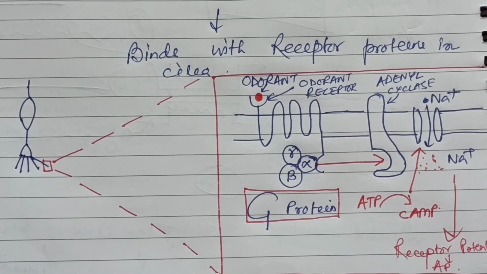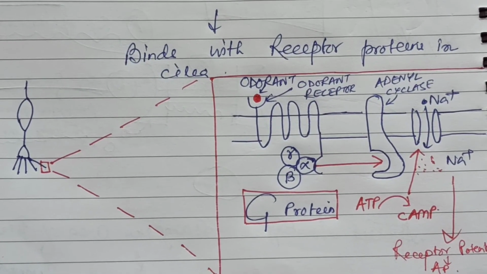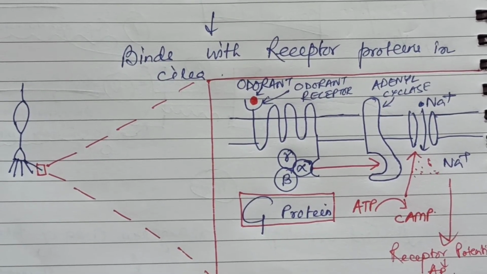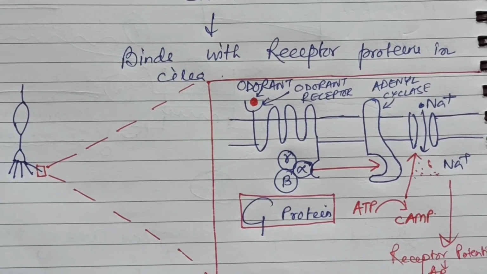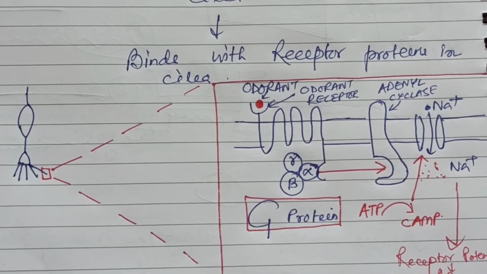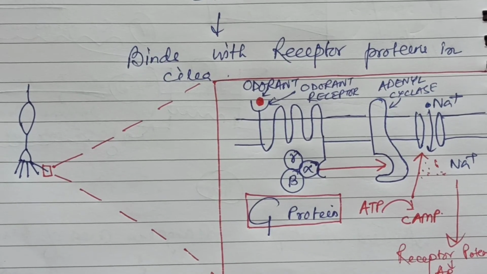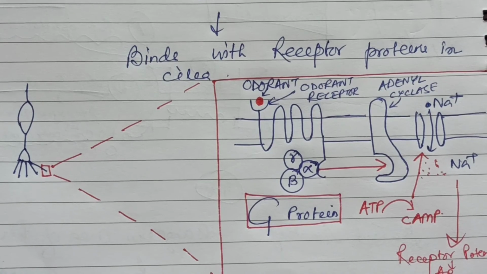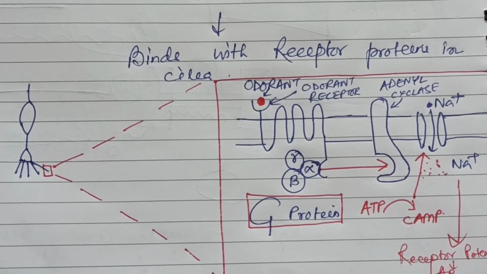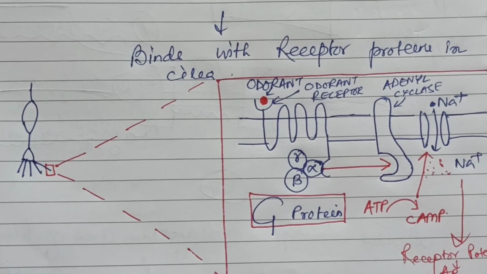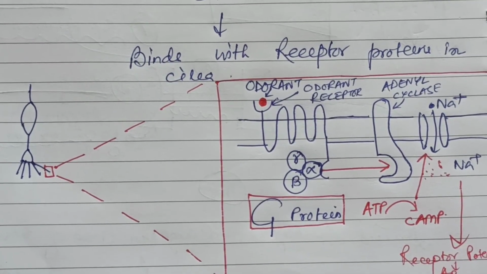This cyclic AMP in turn opens the sodium channel. This sodium activates the receptor potential and hence the action potential in the neuron. From here it goes to the axon and then to the glomerulus, that is the synapse, then to the olfactory tract, and then the olfactory cortex that I have shown.